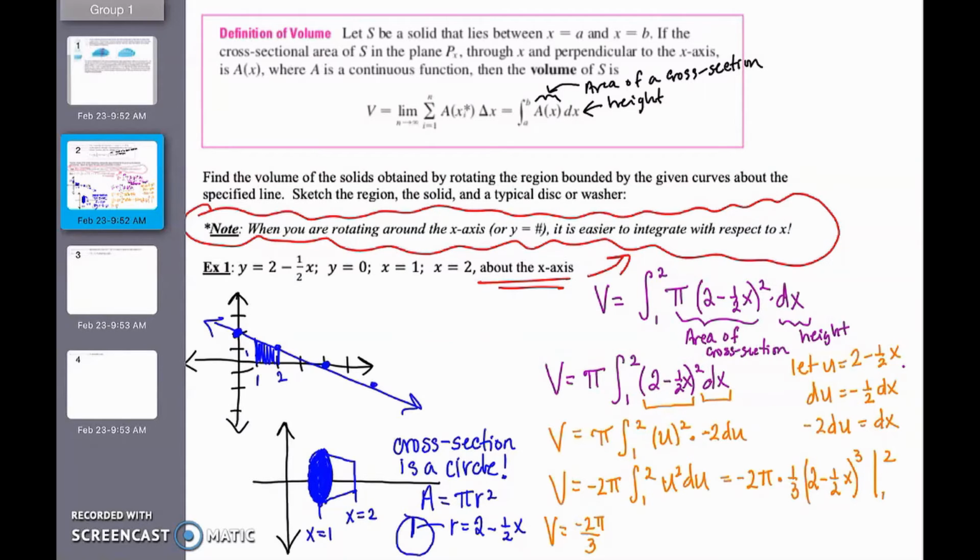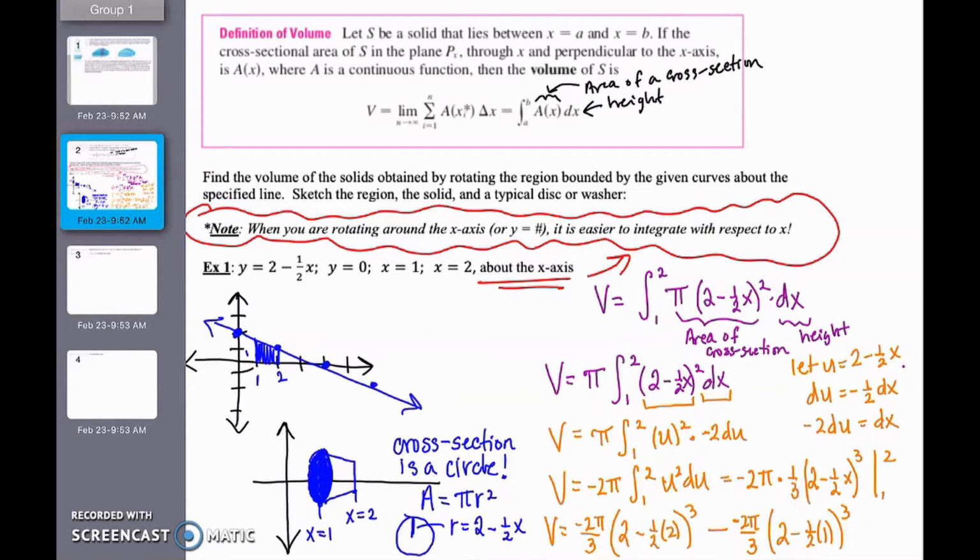Because negative 2 pi times 1/3, negative 2 pi over 3 times (2 minus 1/2 times 2 cubed), minus negative 2 pi over 3 times (2 minus 1/2 times 1 cubed).